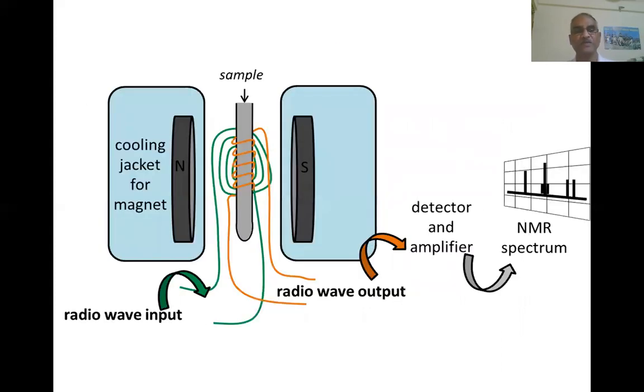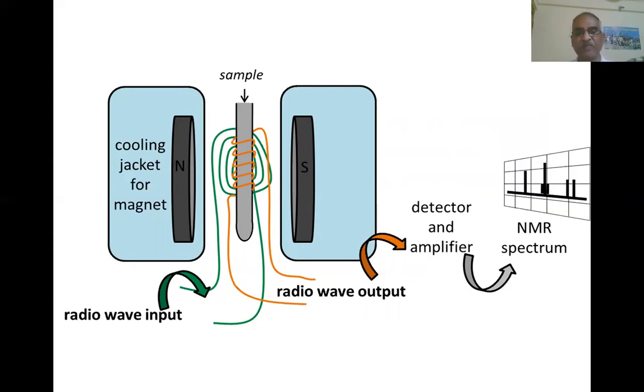As you can see here, you have an electromagnet with the north pole and south pole, a sample holder where you take the sample, and two radio wave coils. One coil is for input, another coil is for output.